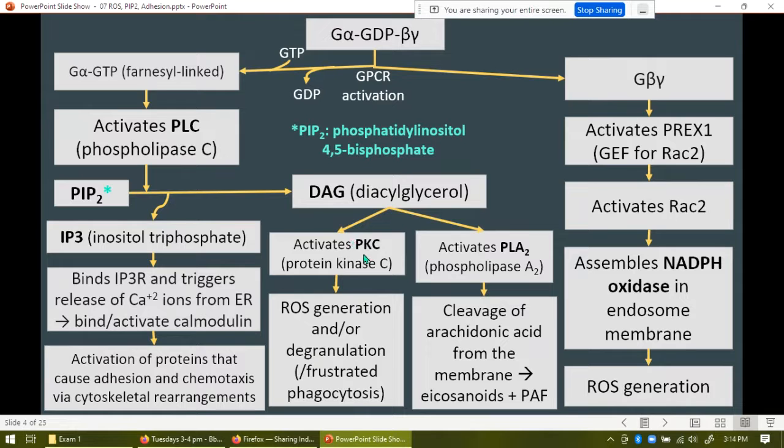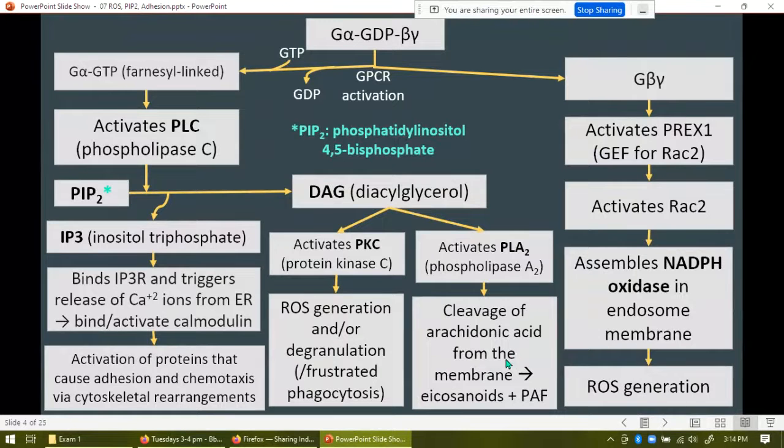Diacylglycerol not only activates protein kinase C, it also activates phospholipase A2, PLA2. And this is an enzyme that cleaves a molecule called arachidonic acid from membrane lipids. Arachidonic acid is a fatty acid with 20 carbons.